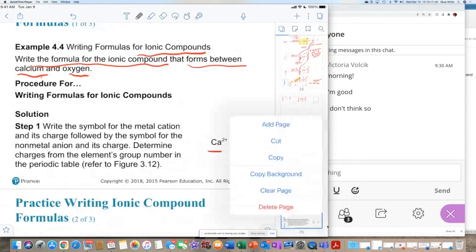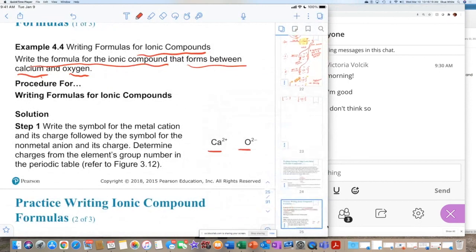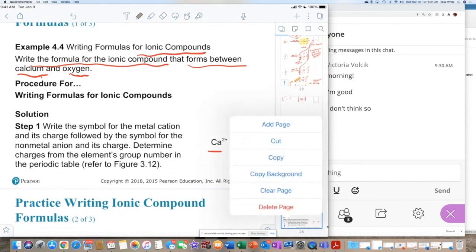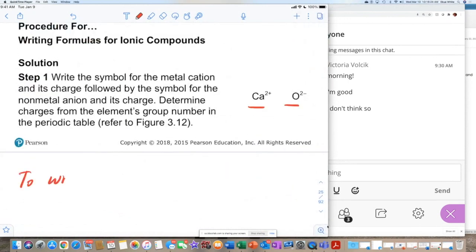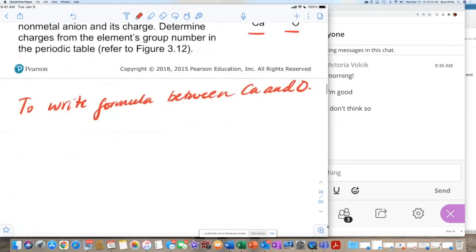So for this part here, since we're not using Lewis symbols, I'll just write the formula between calcium and oxygen, right? They didn't say we have to go through Lewis dots.